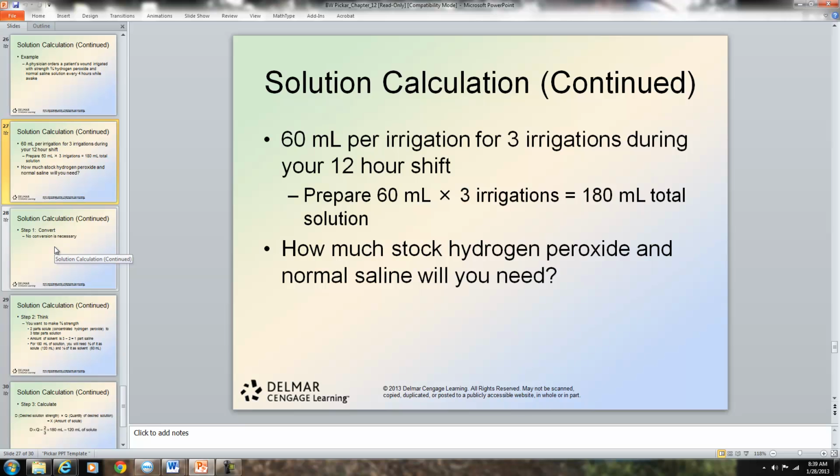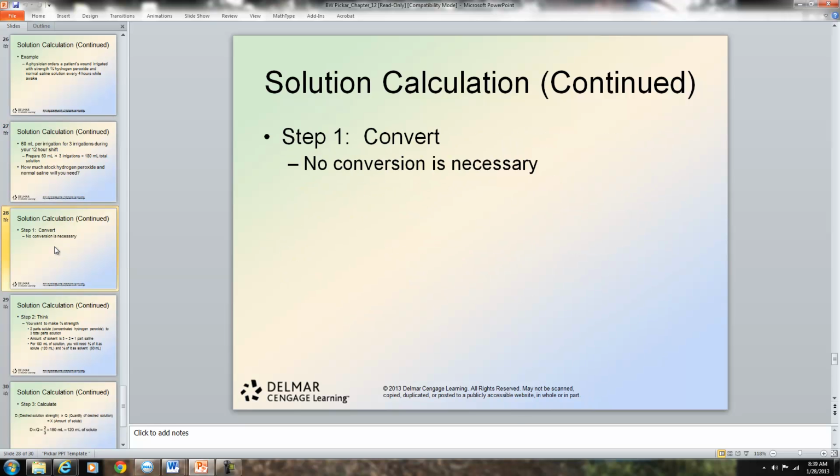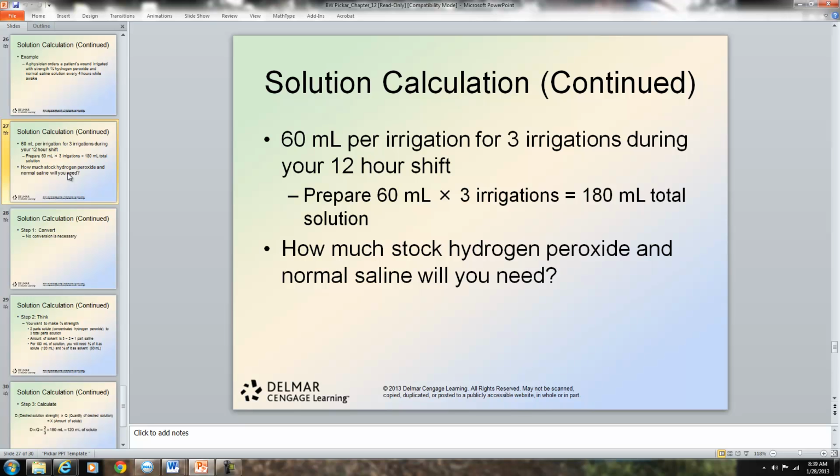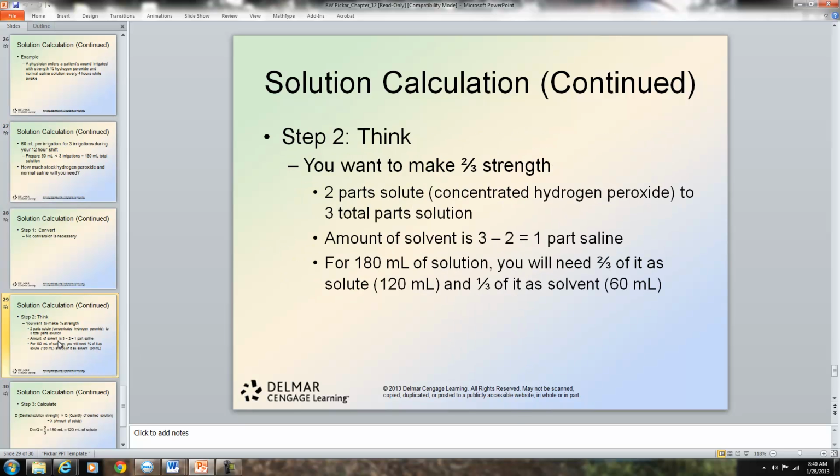First of all, we see if we need to make any conversions. If we look back, there are no conversions that we need to make. It's given to us in milliliters, and we know we have to have 180 milliliters, so nothing to convert.